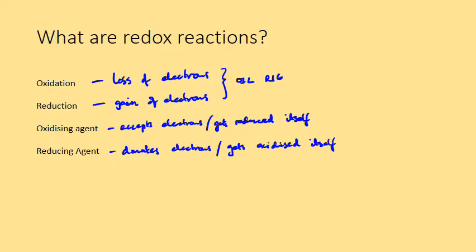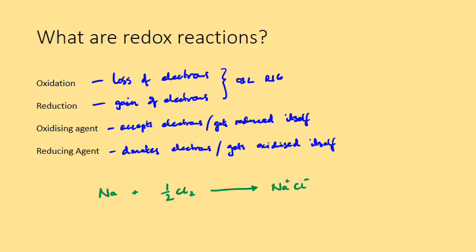Okay, in order to make sure we're familiar with all those words, let's look at a simple example: sodium reacting with chlorine. If we've got a sodium atom reacting with a chlorine atom, or half a chlorine molecule, they're going to form ionic sodium chloride, where in the ion sodium is positive and chloride is the negative one.